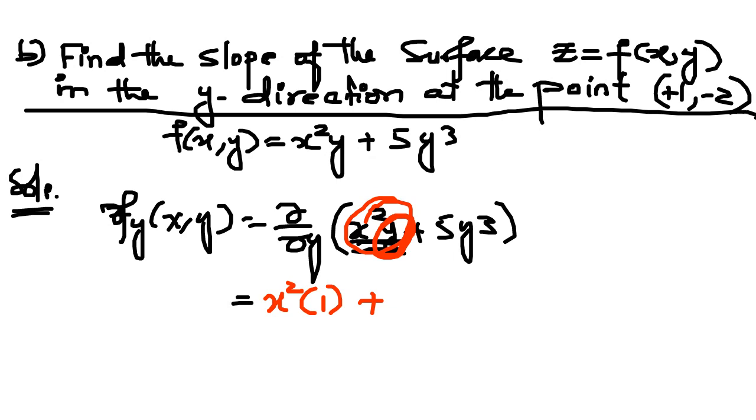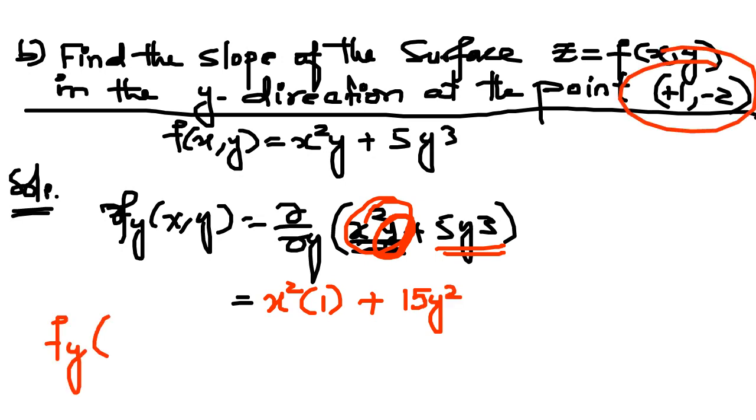Now, what is the derivative of 5y power 3? 15y square. Now you have to use the point 1 and minus 2: the x value is 1 and the y value is minus 2.